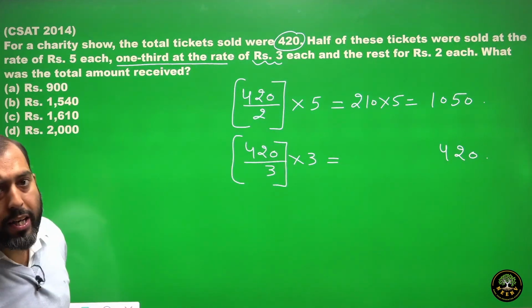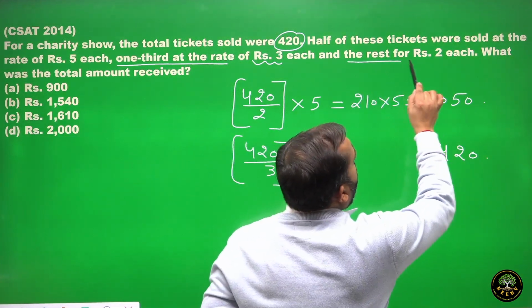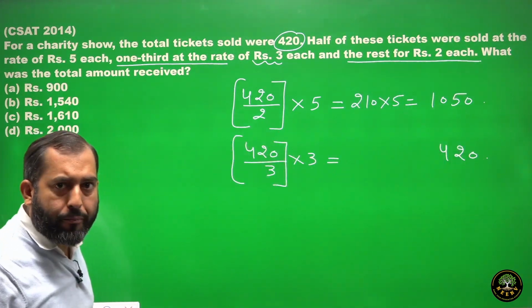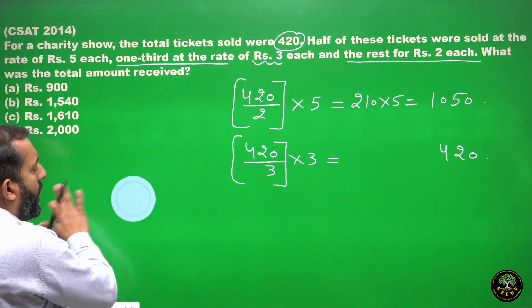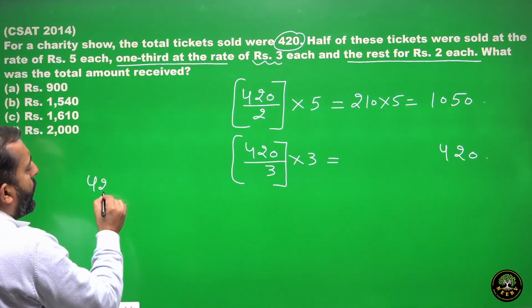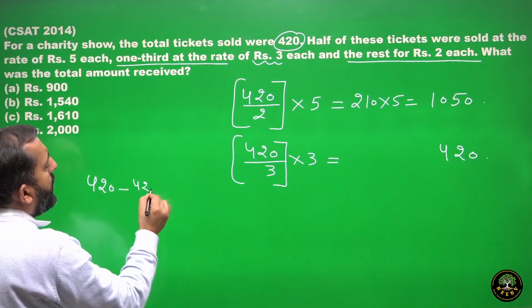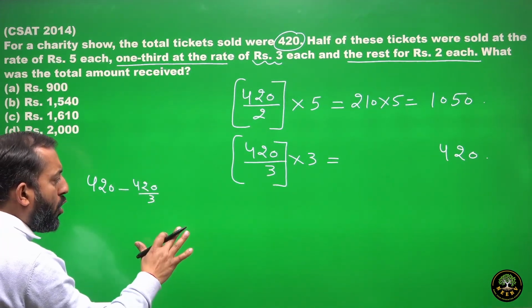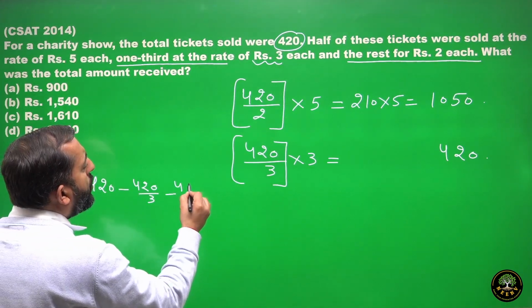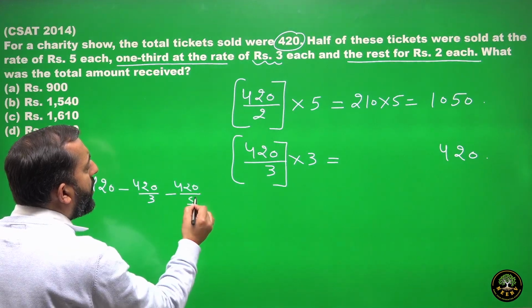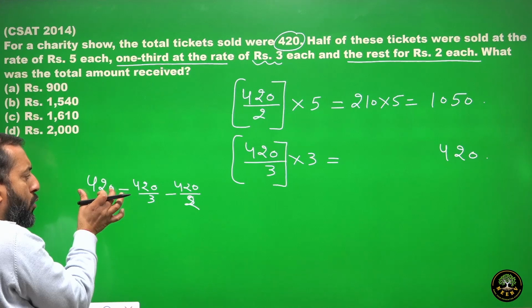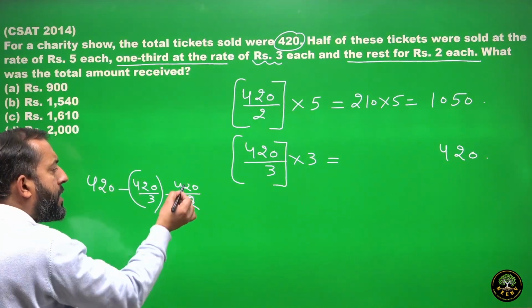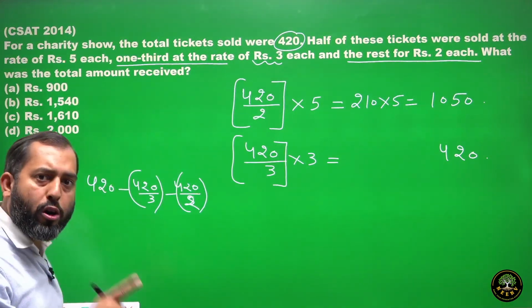Now next it says the rest for rupee 2 each. Now see what you can do. See, out of 420, 420 by 3 has gone already, and 420 by 2 has gone already, because out of 420 these many tickets and these many tickets have been sold already.